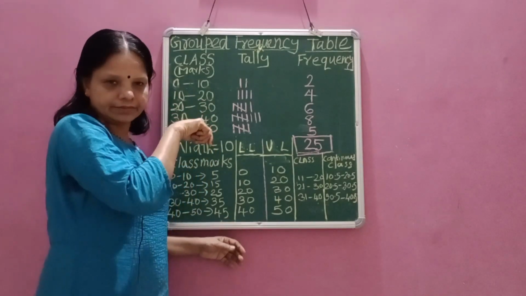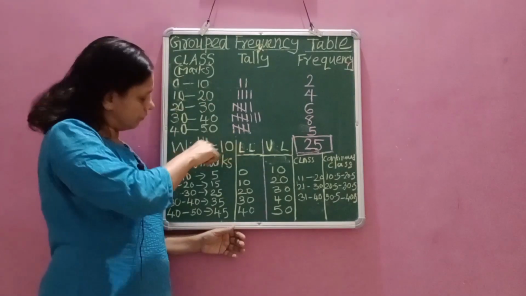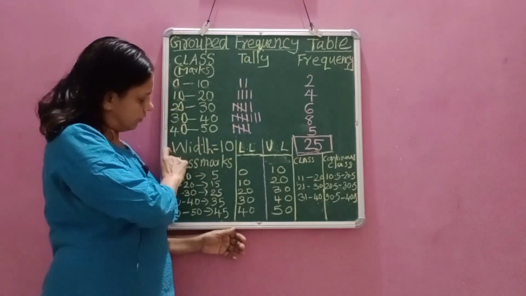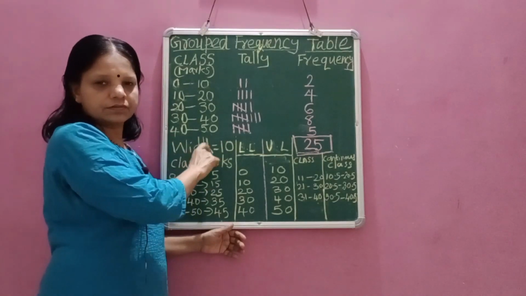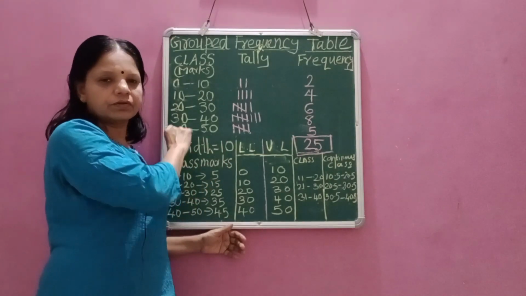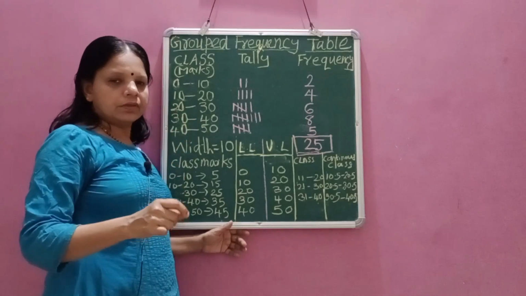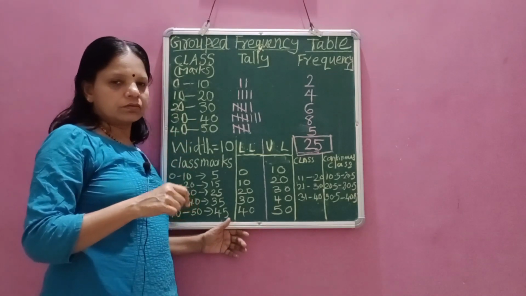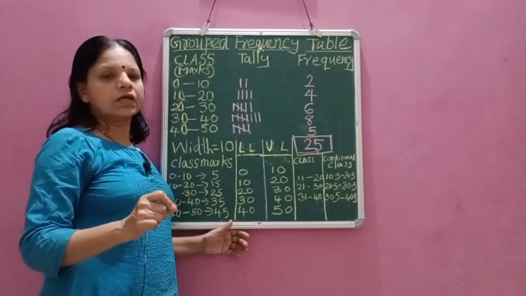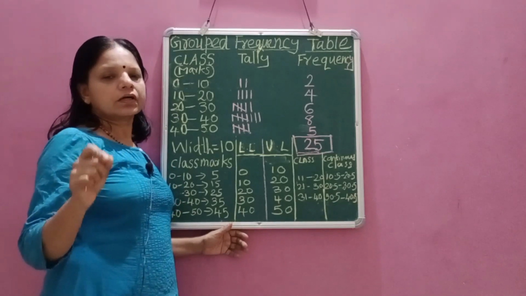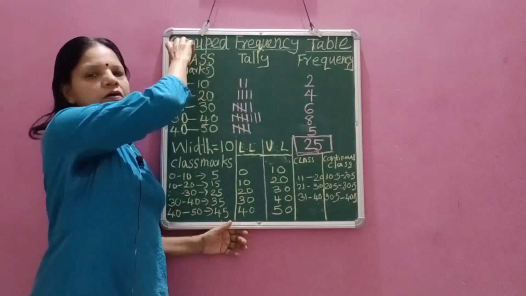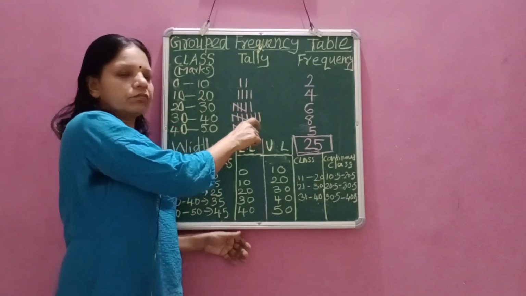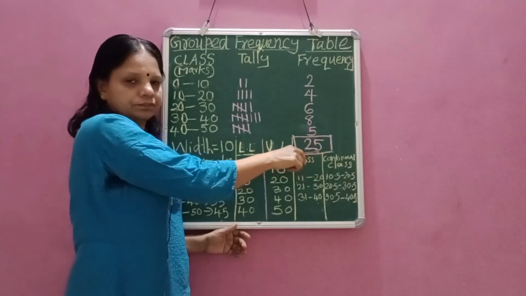What is the difference? 10. That is nothing but the width of the class. So the width of the class is 10. The difference between the upper limit and lower limit of a class is called the width of the class. Clear? And it will be the same for all the classes in a frequency table.